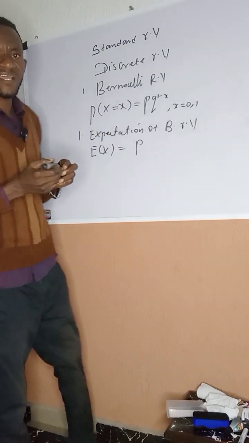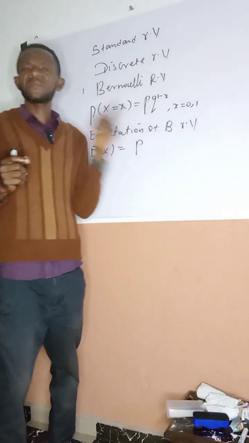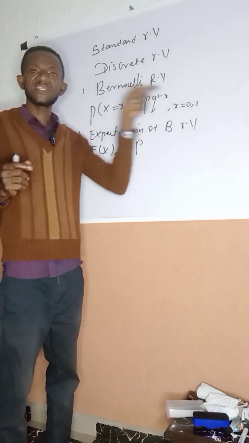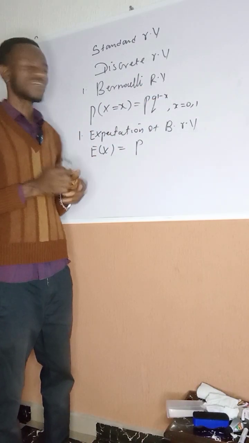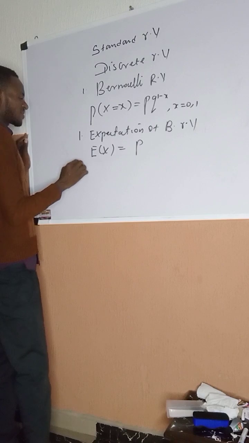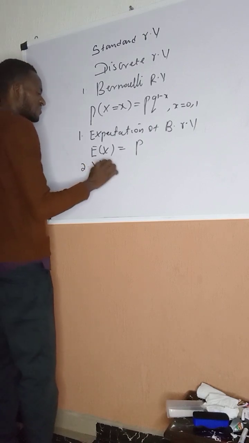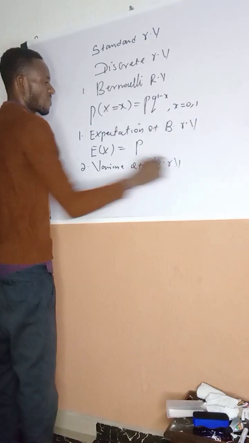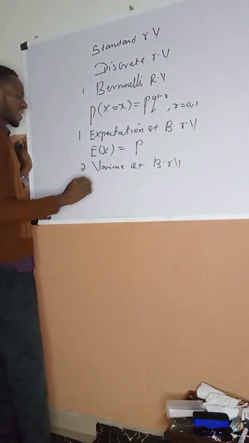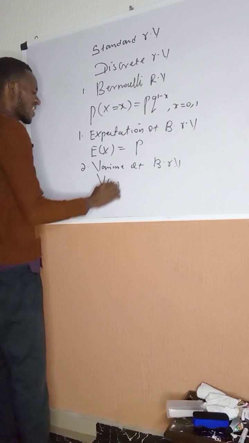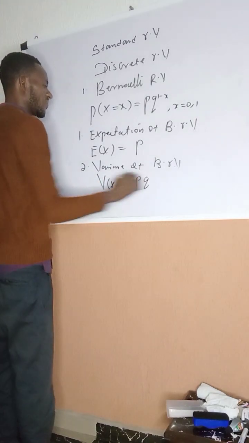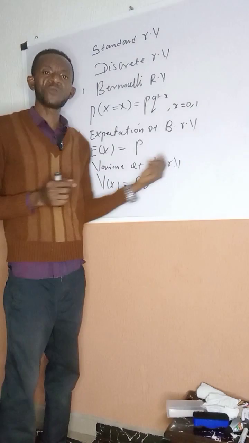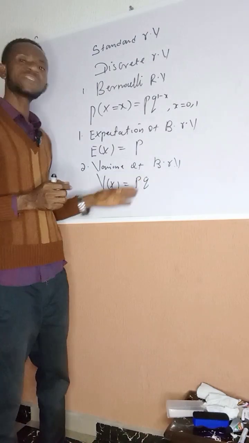So the expected value of a random variable X that follows a Bernoulli is the same thing as the probability of success. Number 2, we talk about the variance of Bernoulli random variable. When you talk about the variance, we say V(X) is given as pq. Which means that the variance of a random variable equals the product of the probabilities of a success and failure.